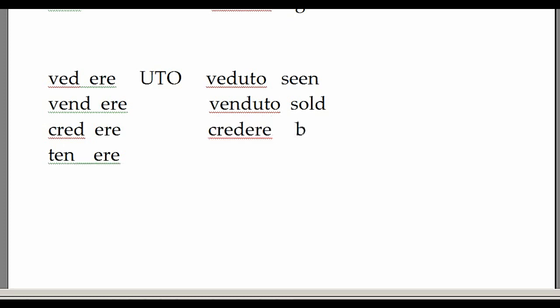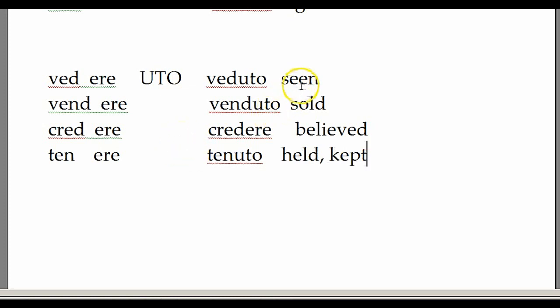Therefore, the meaning is believed. Tenere, to hold, to keep. Tenuto, which means held or kept. As in, I have seen, I have sold, I have believed, I have held, or I have kept.